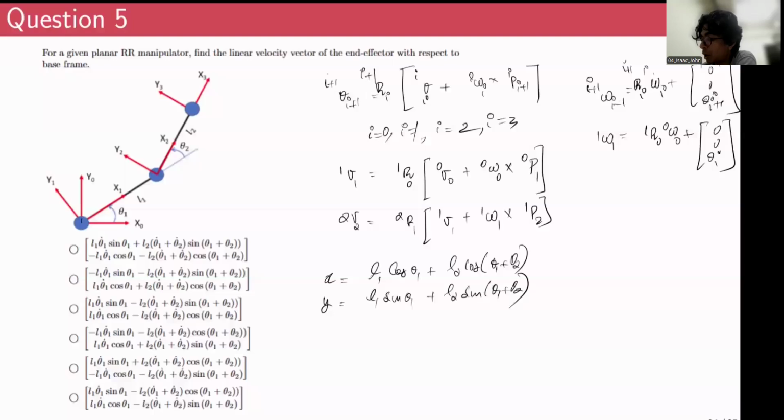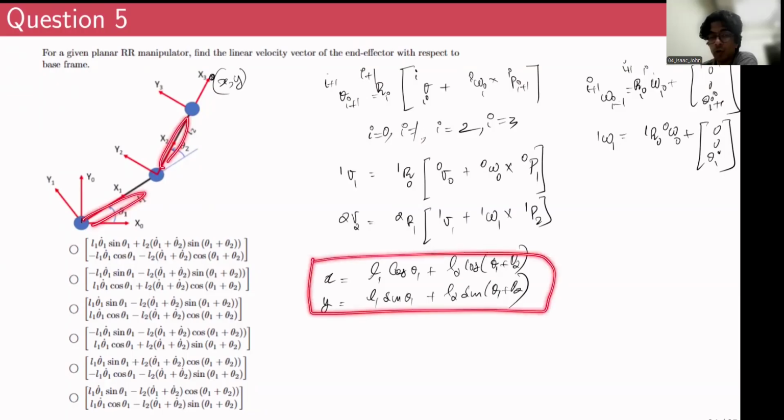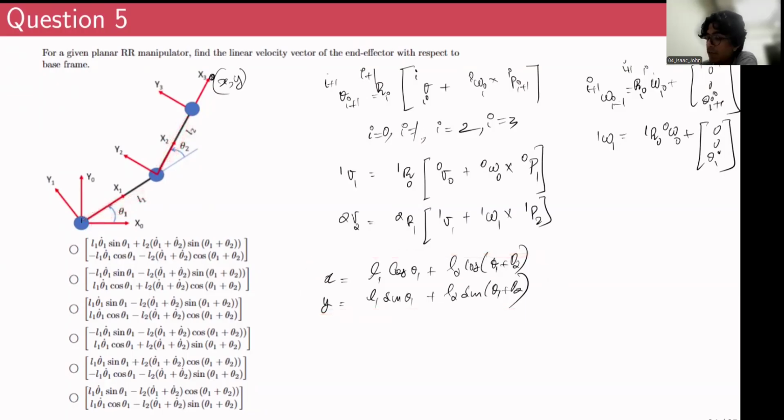Because this is purely a geometric problem. If the tip of this point is X and Y, the coordinate of this X and Y with respect to this theta 1 and theta 2 can be written like so. Okay? And if you take the derivative of this X and Y, you will get the corresponding velocities, right?